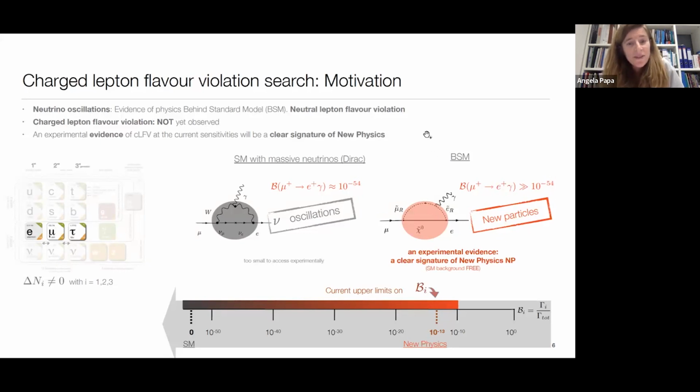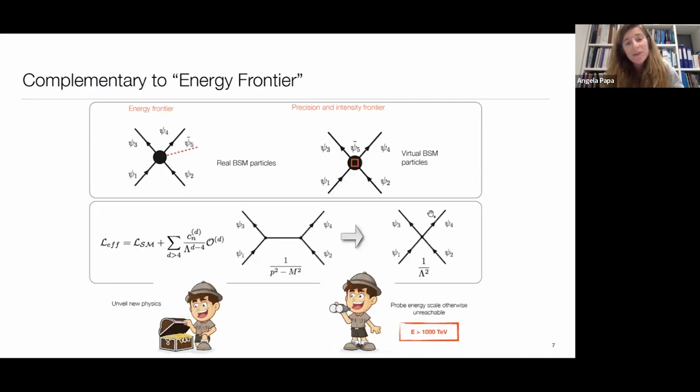What is interesting is that if we take into account massive neutrinos, processes like mu to e gamma and mu-e conversion could happen, but they are strongly suppressed. So with the current sensitivity, if we see something, this would be clear evidence of new physics.